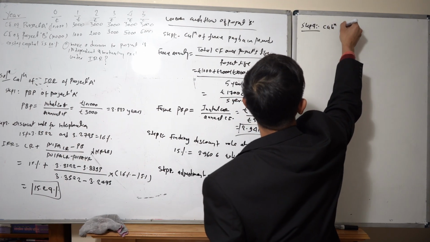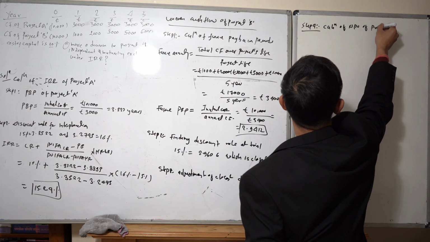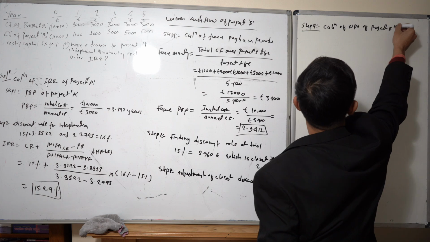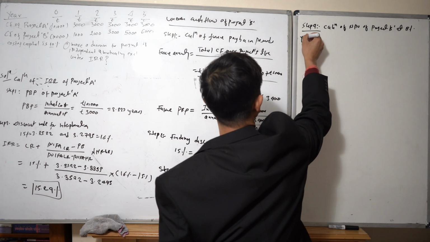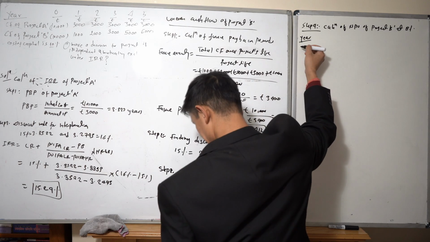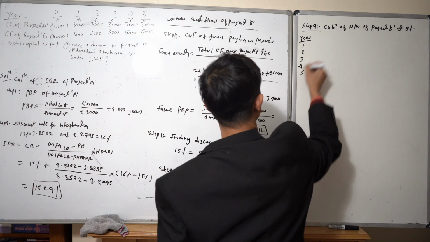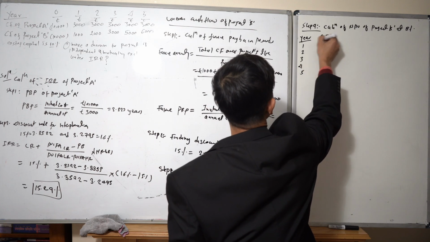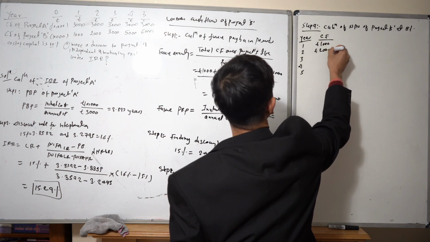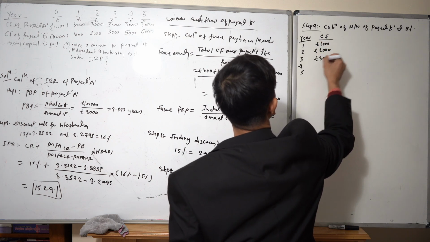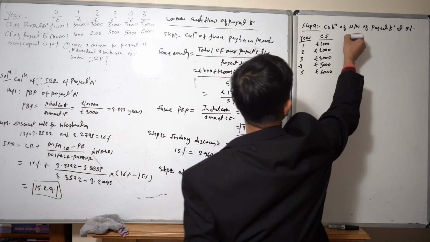Calculation of net present value of project B at 15%. That means here years 1, 2, 3, 4, 5. Cash flow is 1,000, 2,000, 3,000, 5,000, and 6,000.